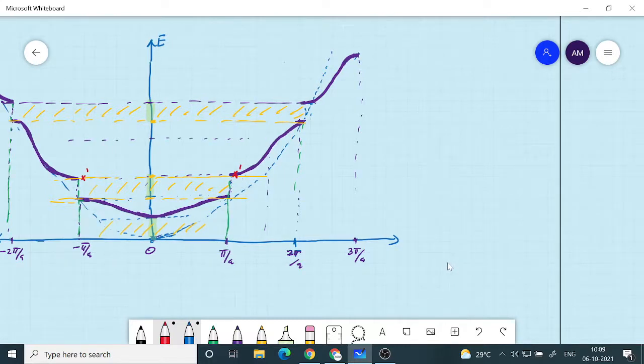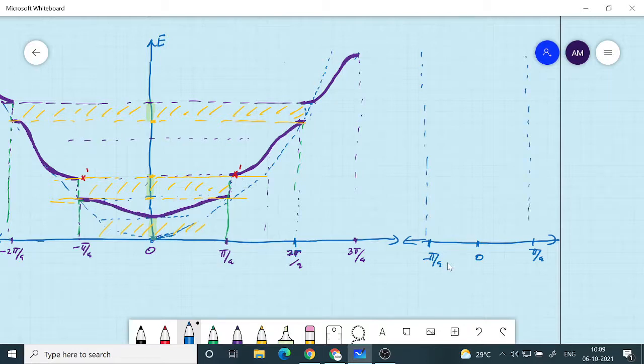So that is the advantage. And mostly you will see in books when you draw the band structure, it will only be drawn between plus pi by a and minus pi by a, because every other range can be brought into this.